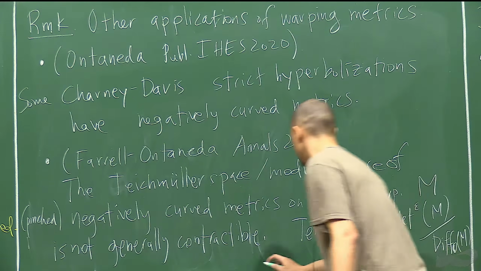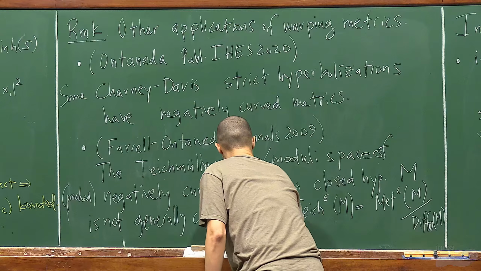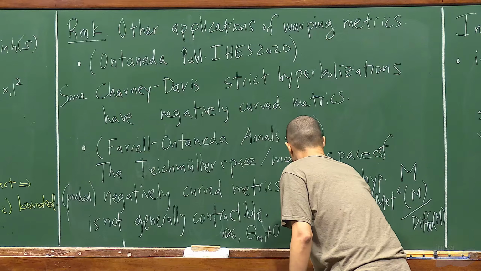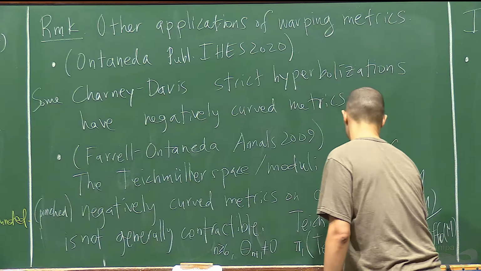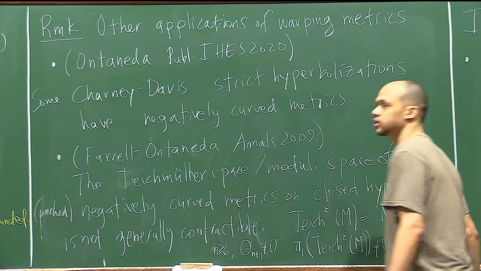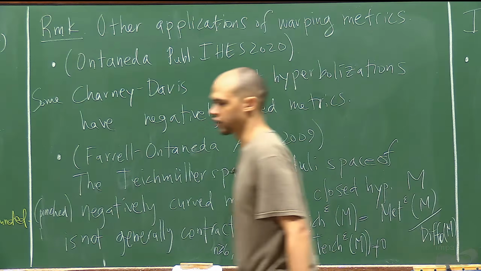And they show that for n at least 6, if theta n plus 1 is non-trivial, then you can find examples where pi 1 of this Teichmuller space is non-zero. And again, a key component of this is to use the warping method to put strange negatively curved metrics.